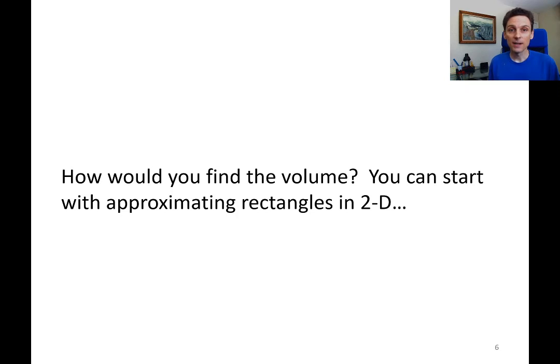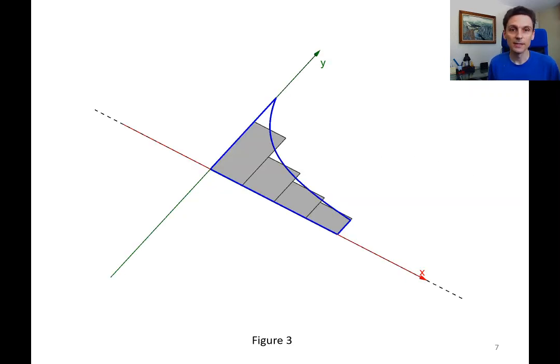We can start by breaking our region into approximating rectangles in 2D. So let's look at that. So in figure 3, we've got our region that is broken down into 4 approximating rectangles. And just a side note, these are using midpoints here, but you could use left or right endpoints. It doesn't really matter in the long run.